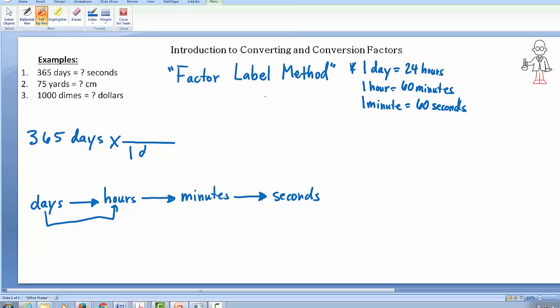I can say that 1 day is equal to 24 hours. So notice that when I do that multiplication, my unit of days cancel. So when I multiply 365 times 24, I'm left with some unit in hours. That would be my first step. Now I can go from hours to minutes. In 1 hour, there is 60 minutes.